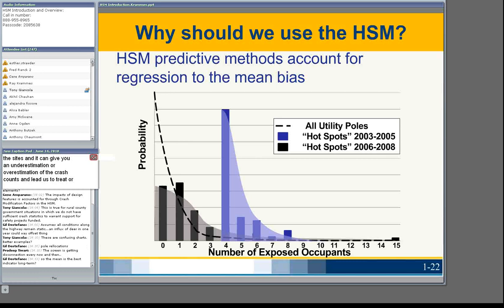Roadway segments and intersections. They're developed or were developed from data from a number of similar sites. They were developed for specific sites, meaning for that particular roadway type.